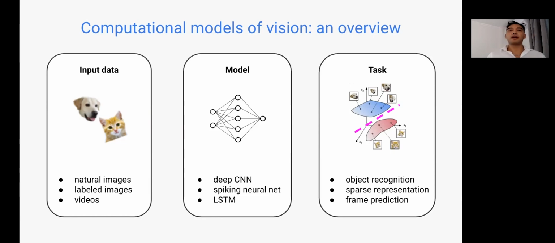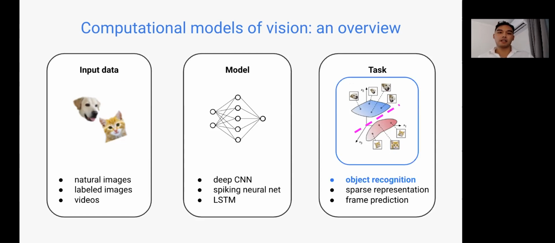You can try to find a representation of this data that looks somewhat like the brain's representation of this data. This is what sparse representation might be trying to do. Maybe frame prediction too, predicting the next frame in a sequence of frames. It is something that the brain also does and that people have devised models to do. And today I'm going to be talking specifically about object recognition and how we can model this.